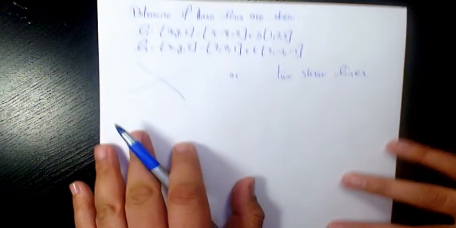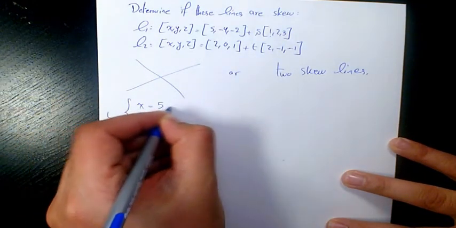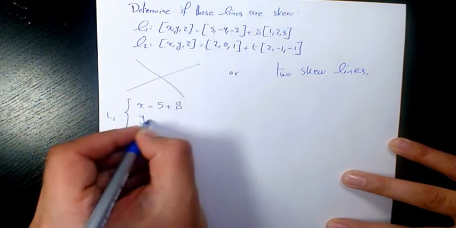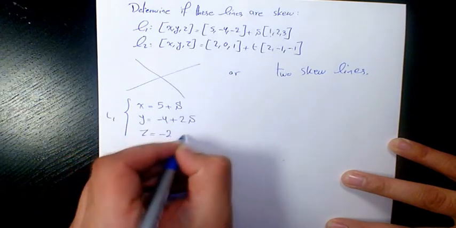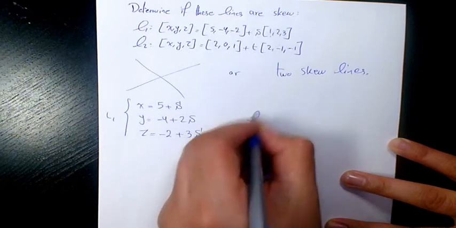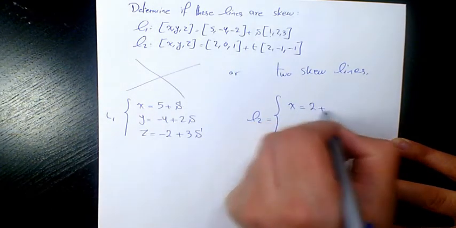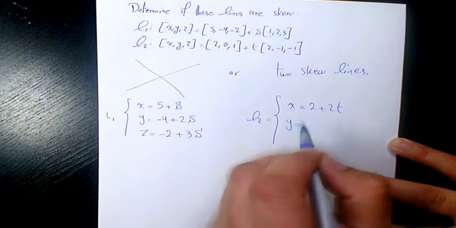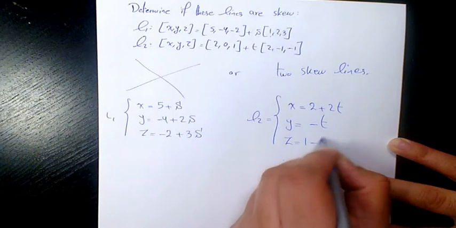We need to write each of them in parametric form. For L1, x equals 5 plus s, y equals negative 4 plus 2s, z equals negative 2 plus 3s. L2: x equals 2 plus 2t, y equals 0 minus t, z equals 1 minus t.